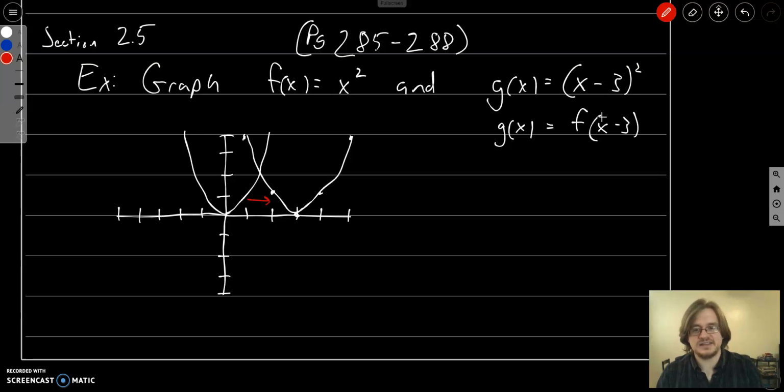So it's the exact same shape, but it's shifted a little bit to the right. And because we are doing this, we know that we're going to shift it 3 to the right. So in general, when you subtract a number from x directly, we're going to be shifting to the right.